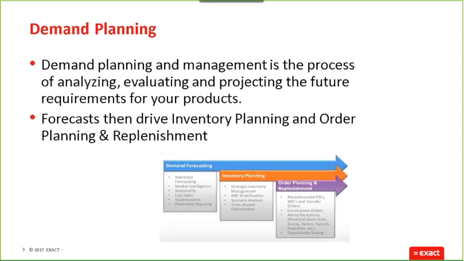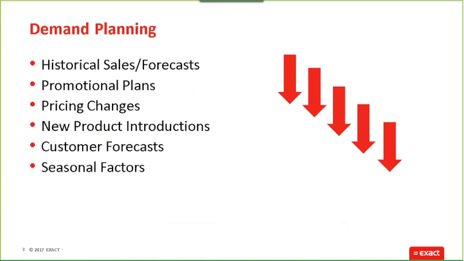And with this forecast, you can drive inventory planning and order planning and replenishment with the rest of your Max modules. There are many components that factor into generating a good and meaningful forecast, so it's important to have a flexible file and tools to work with to generate that forecast information.